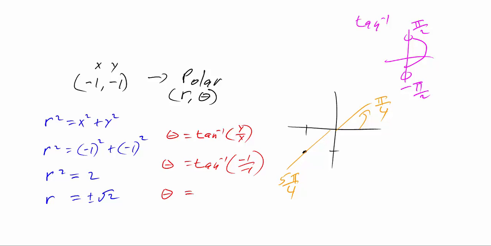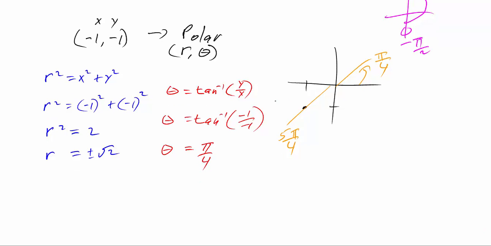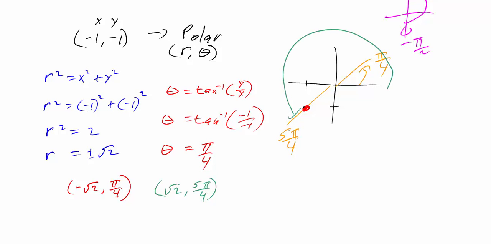And if we went with the pi/4, we could certainly do that. But if we go with 5 pi/4, we know that our point needs to be over here. We would have to use the negative square root of 2. So we could use a negative square root of 2 and pi/4, or we could actually use a positive square root of 2 and the angle 5 pi/4, because that means we would rotate all the way around here to 5 pi/4, and then we would go out a distance of a positive square root of 2.